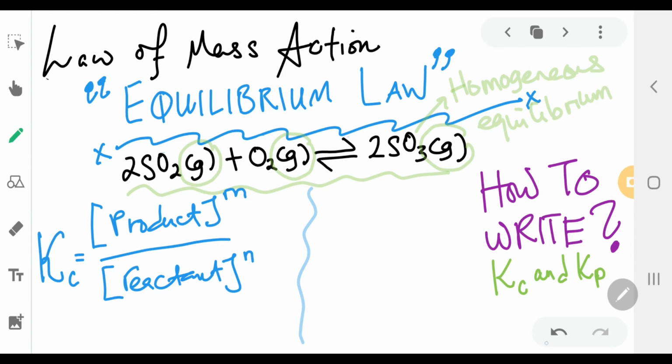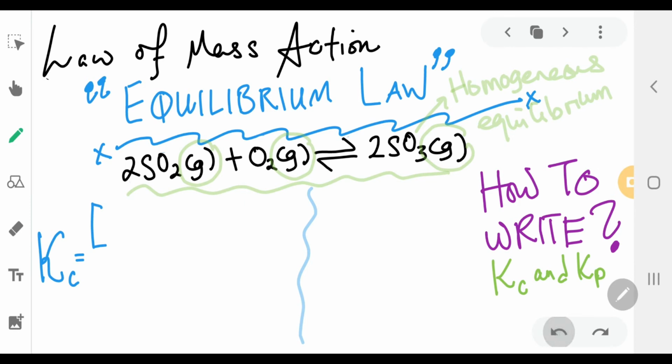And how do we do that? Okay. So now, look at your reaction over here. This is your product, which is SO3, and it has 2 mole in front of it.